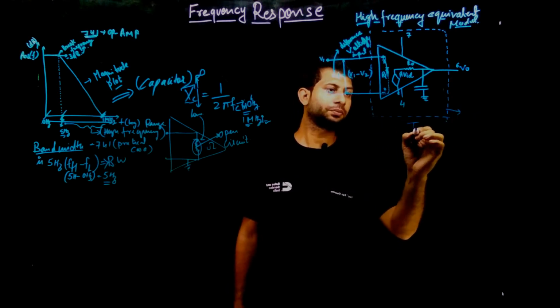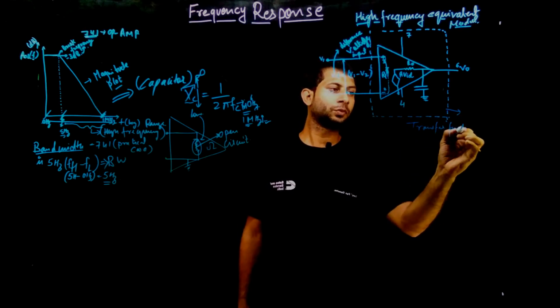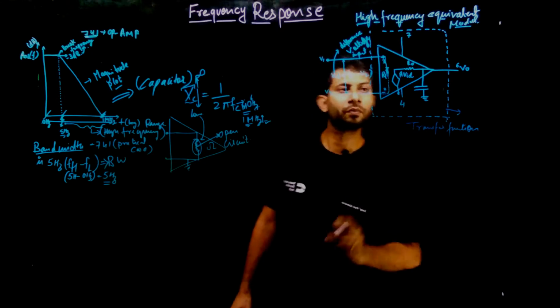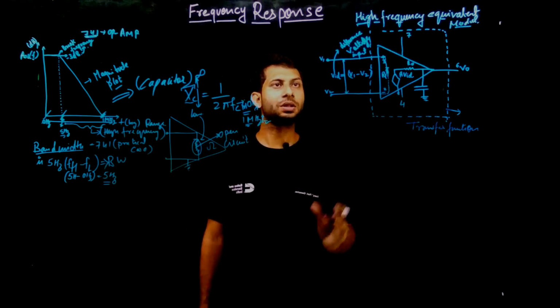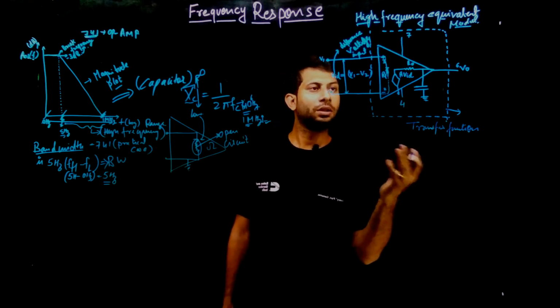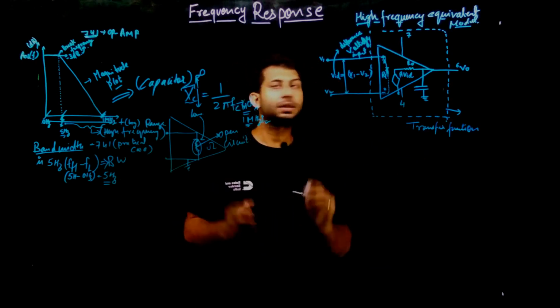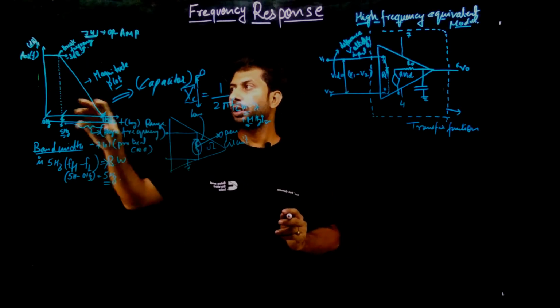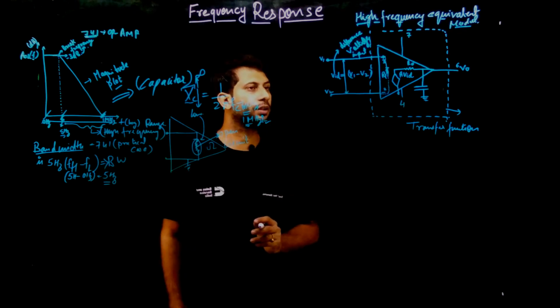Then what we want is the transfer function of this model, which gives us the intuition, or gives us the result, of why this graph is coming down, or the strength is coming down, due to this capacitance effect.